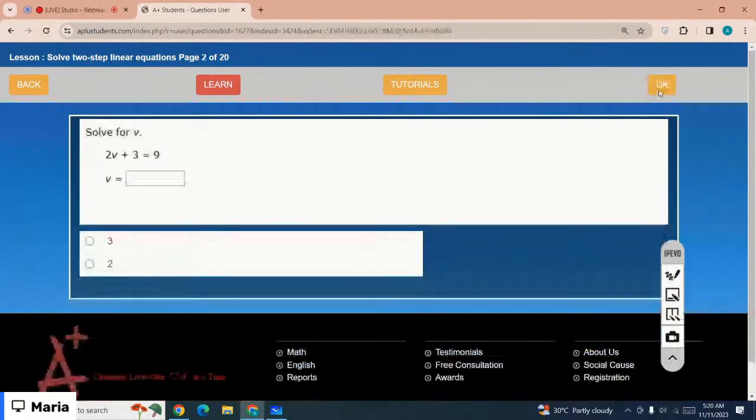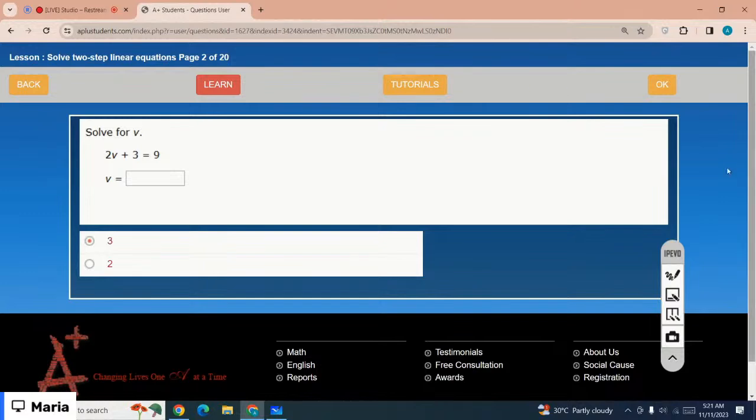Okay, the next one is 2p plus 3 equals 9. So which is the correct option? Yes, the correct option is 3, right?